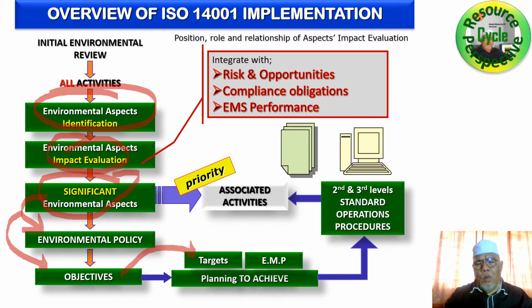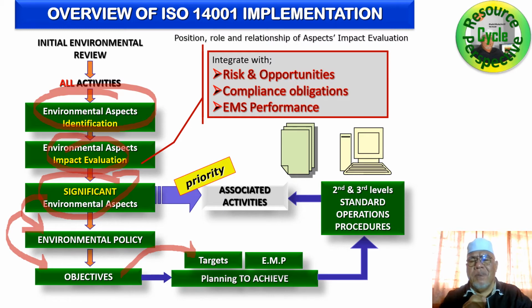Improve from where to where, from how much to how much, so that would be a specific target. It has to be dated and preferably quantified. When I do quantification, I would quantify it on a normalized basis, usually in terms of the quantum of the aspect per unit product that our company is producing.